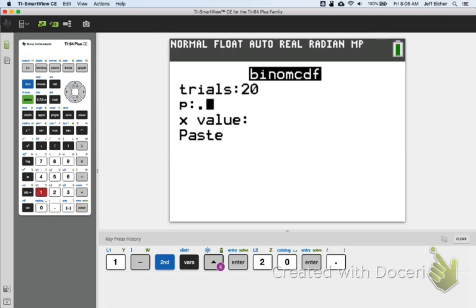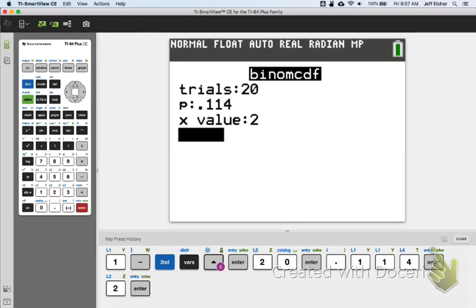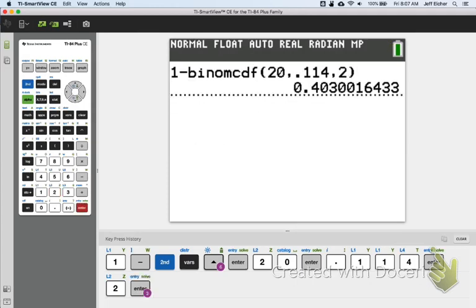We have 0.114 probability. And the x value is the highest x value we want, given the calculator starts at 0, which is 2. And the answer we get is 0.403, which earlier we got 0.40 due to rounding. So that's using binom CDF.